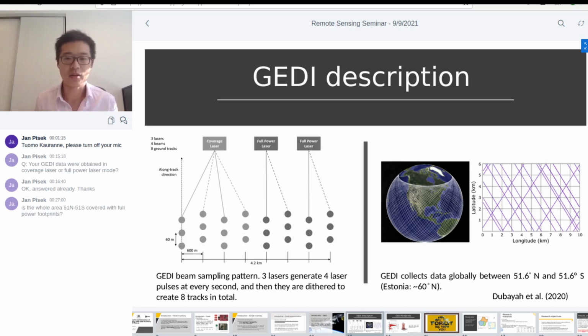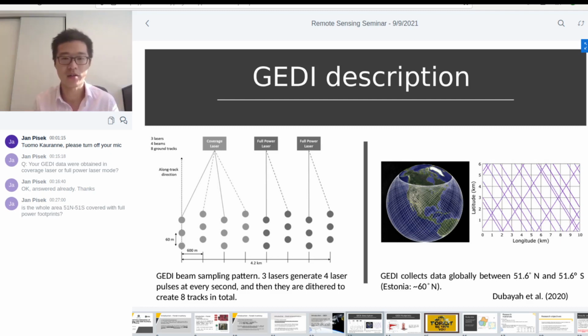But some part of Estonia can also be covered, which makes it quite interesting. And because this study was conducted in France, and GEDI basically covered every part of France, even, excuse me, the overseas territories, that makes GEDI a very interesting application in France.